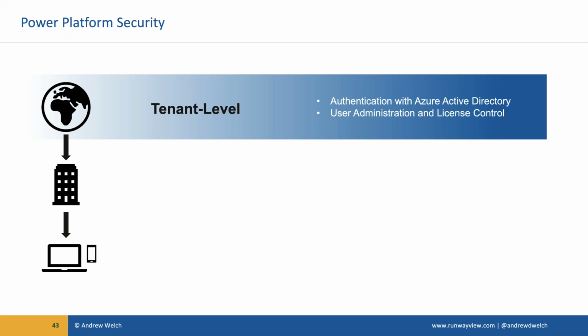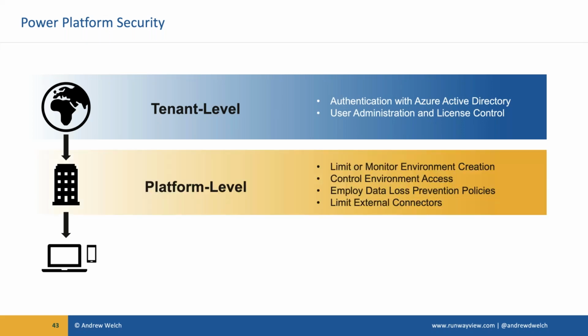The next is at the platform level. So at the Power Platform level, we can limit or monitor the creation of environments. We can create a ton of environments inside of the tenant. Think of an environment as like a dev box, right? Like in the old days, or a production environment or a test environment. They all live inside of the tenant, and we can control that. We can control access to individual environments. We can employ what we call data loss prevention, or DLP policies.